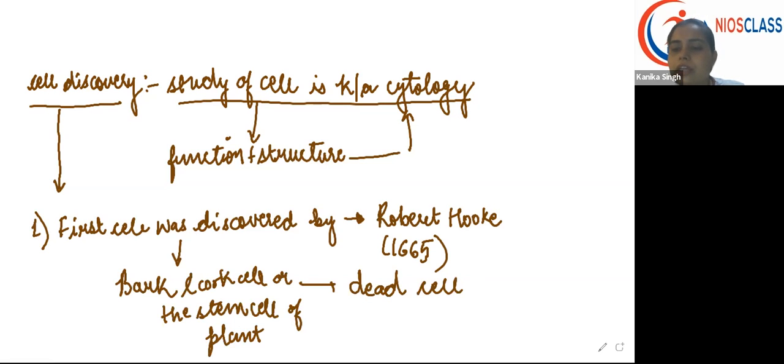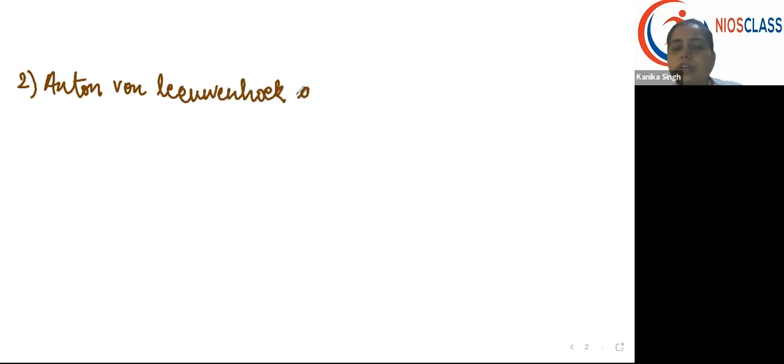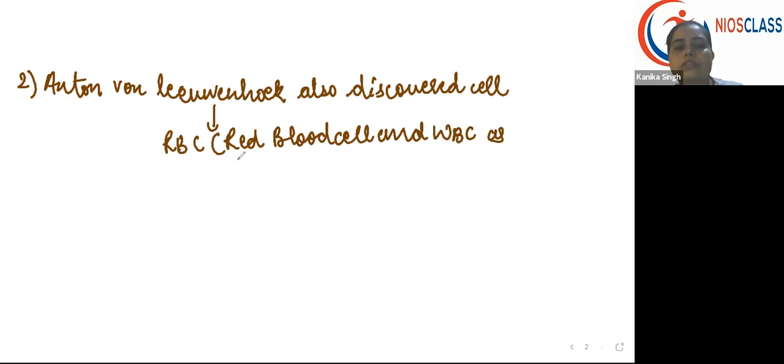Next important thing in the discovery is that scientist Anton von Leeuwenhoek also discovered cells. But he studied RBC, which is known as red blood cell, and WBC as well as sperm cells.